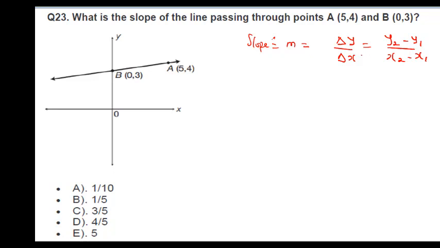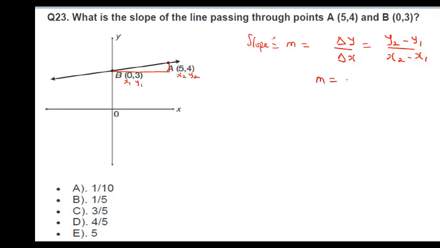Now having established this fact, for me to get my slope, I need to draw my triangle. Okay, so this is how it works. So this is my triangle. I'm going to call this point x1 and this is y1. And I'm going to call this x2 and this is my y2.